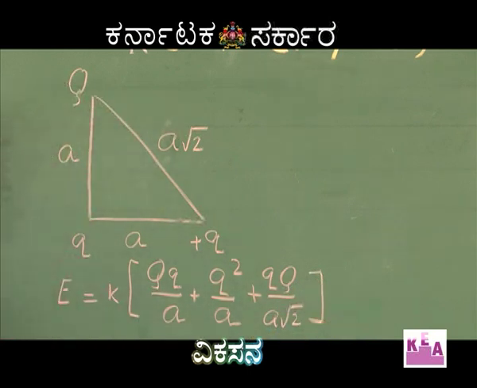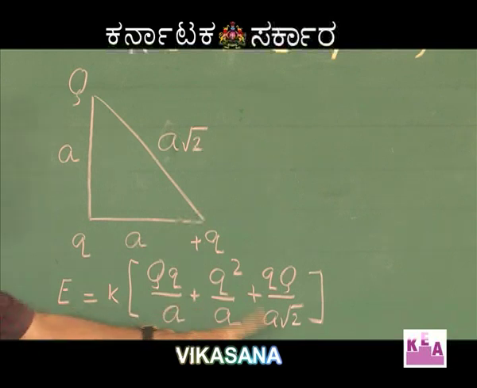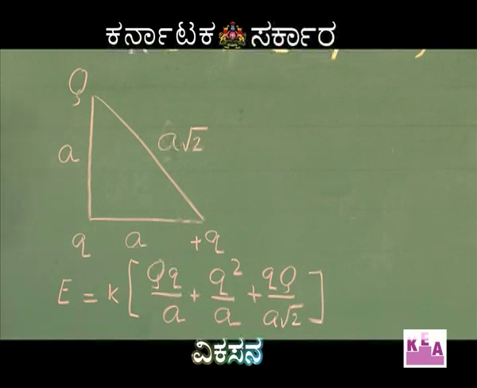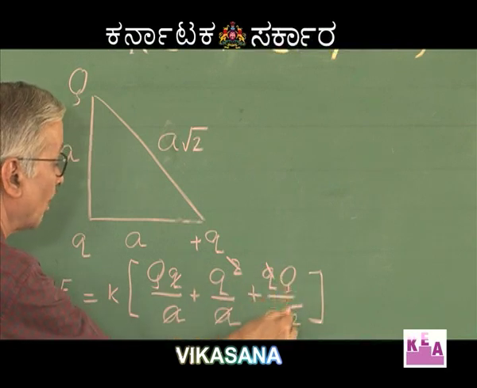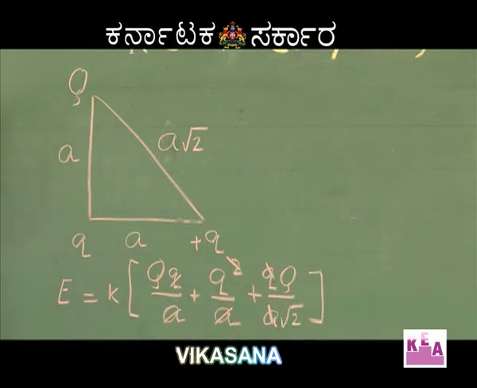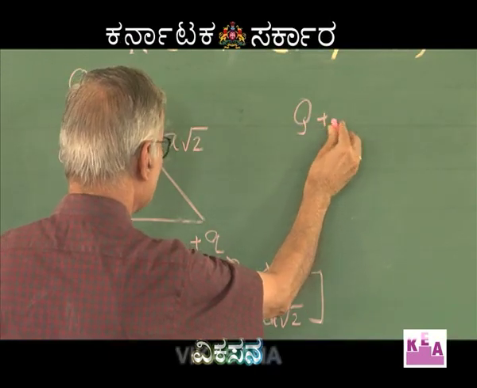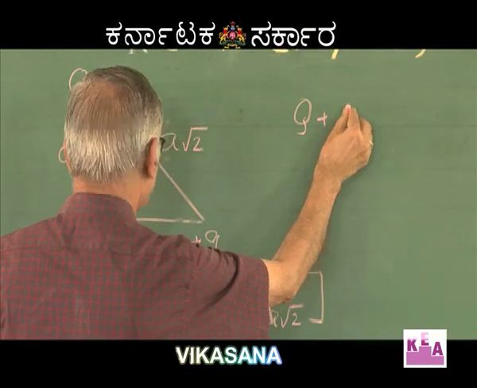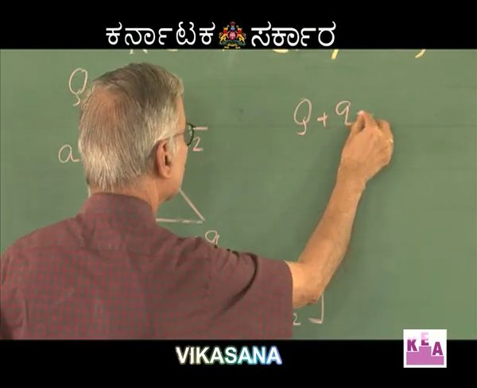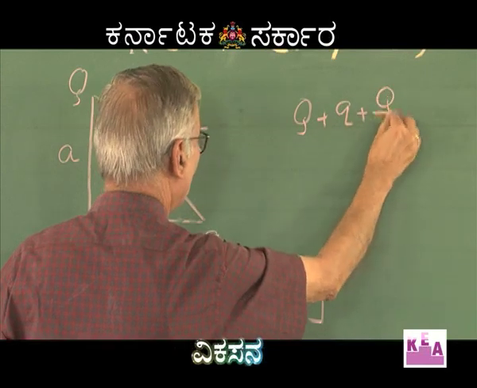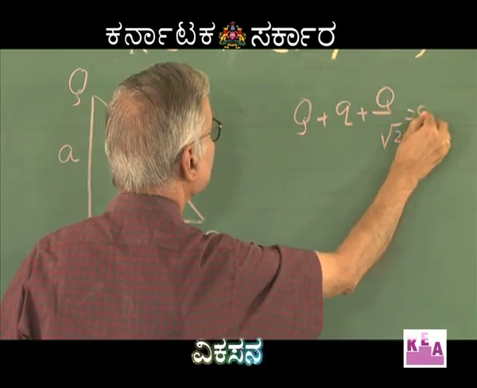Now, you can agree that if this electrostatic energy should be 0, the quantity inside the bracket should be 0. I will remove the common term q by A. Therefore, in order that the bracketed quantity should be 0, q plus capital Q divided by root 2 should be 0.